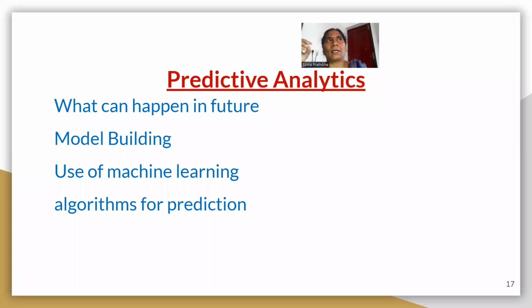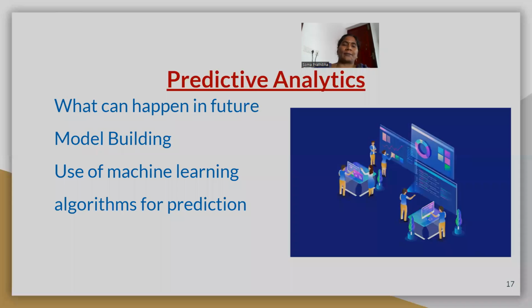Today they are in this position, but they also need to know how they will be in 2-3 months, what products they need, what needs to be launched, where it has to be launched, and which customers they have to target to stay in the business. Future prediction is very important, and predictive analytics does this. They build a model and apply machine learning to get the prediction. This is more complex than the previous two analytics.